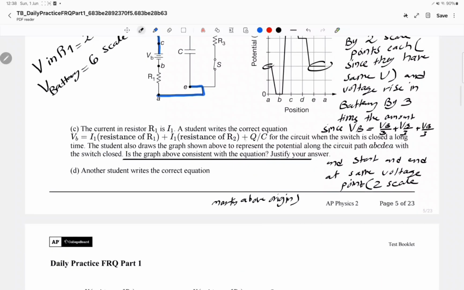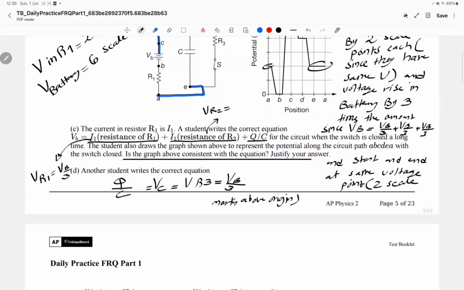Okay, as we saw that Q over C is equal to the voltage in the capacitor, which equals the voltage in R3, which equals the voltage of the battery over 3. Okay, I1 times R1 is equal to the voltage in R1, which also equals VB over 3. I1 times R2 is equal to the voltage in R2, which also equals VB over 3. So the equation is consistent.